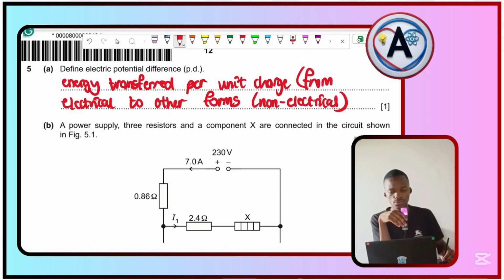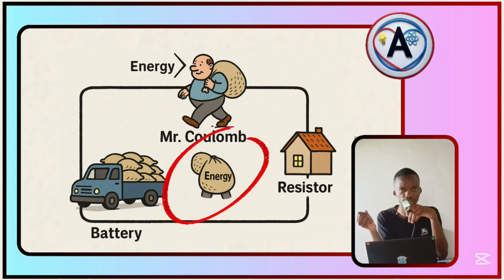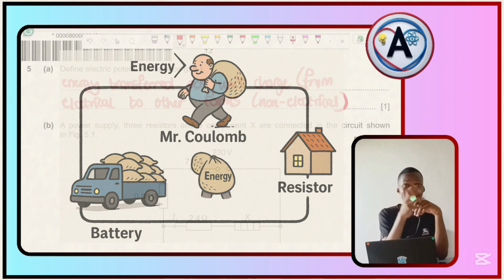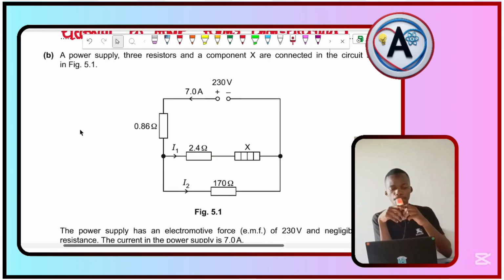So before a coulomb of charge moves, it's going to get a bag of energy. And the energy that is transferred to it is what we refer to as electric potential difference.